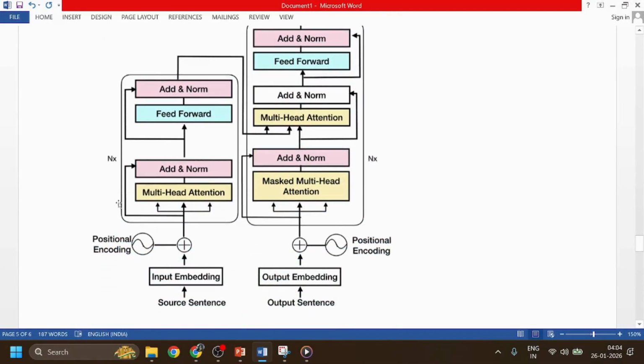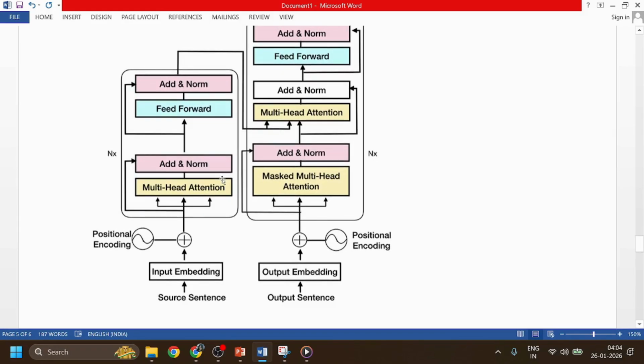After attention, we apply add and normalization. Add means we add the original input back using a residual connection.